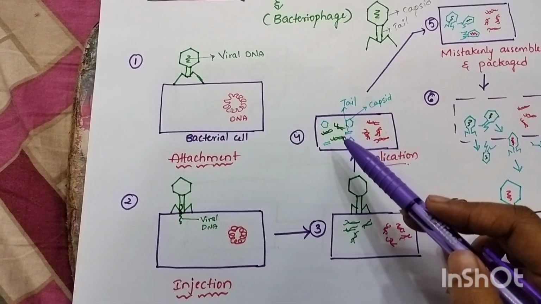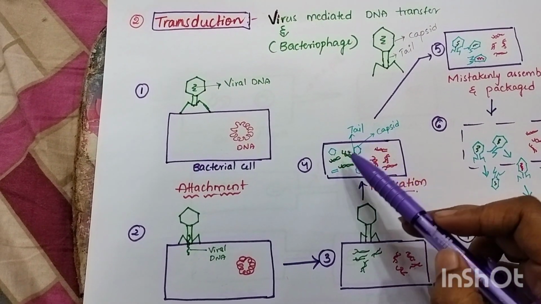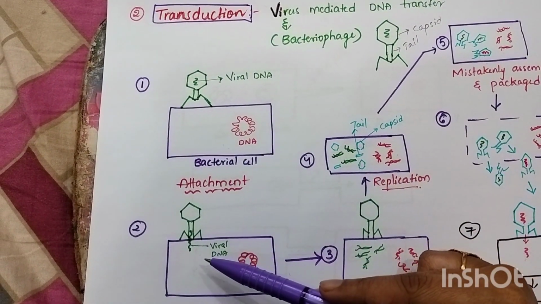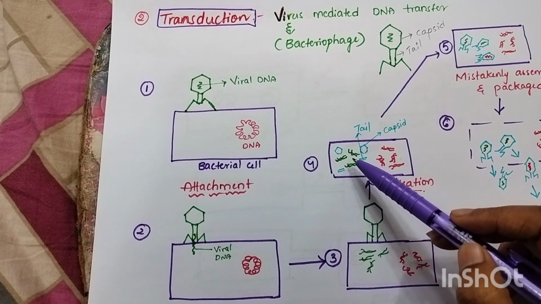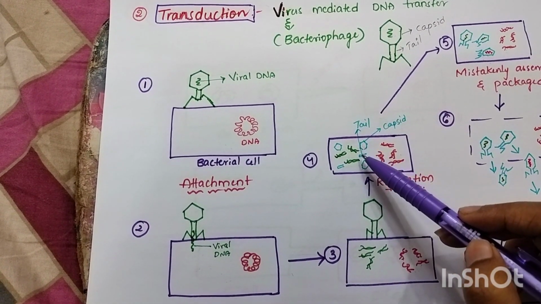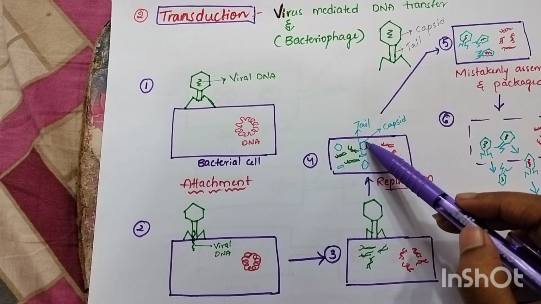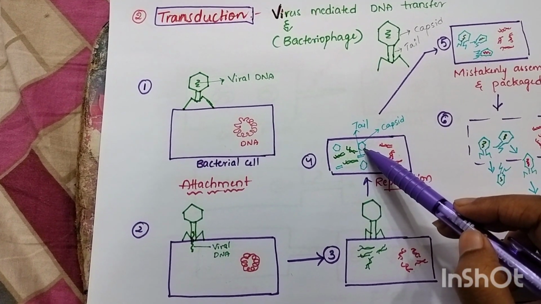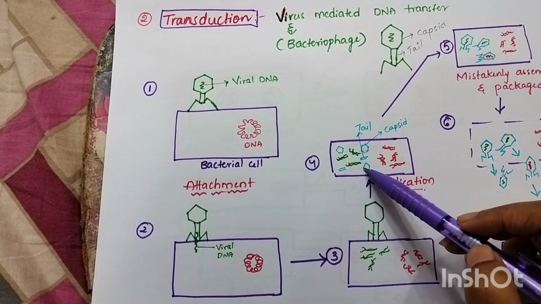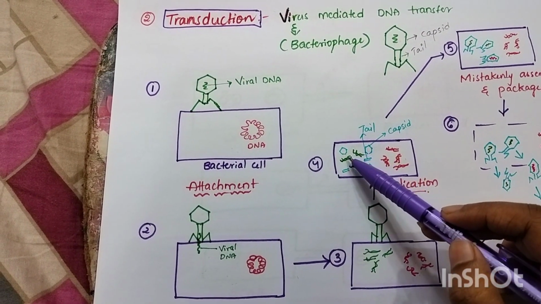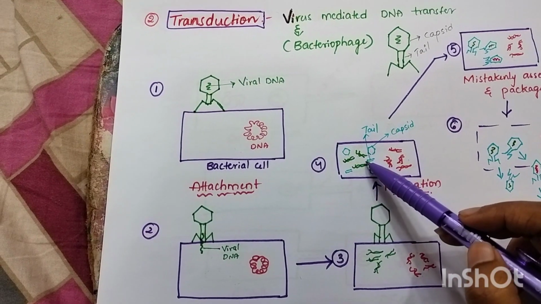In the fourth step, this viral DNA which is injected is replicated. Along with this, the body parts of this bacteriophage are also synthesized. Here you can see the capsid and the tail part. All those body parts are synthesized, and the viral DNA has also replicated.